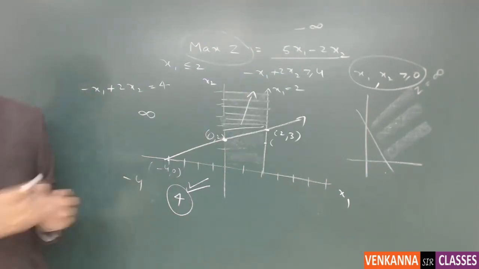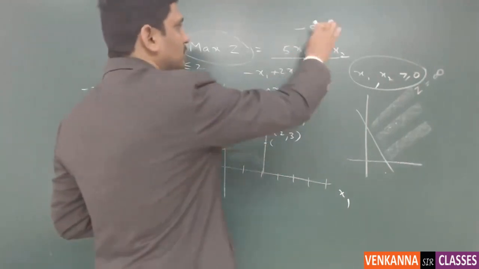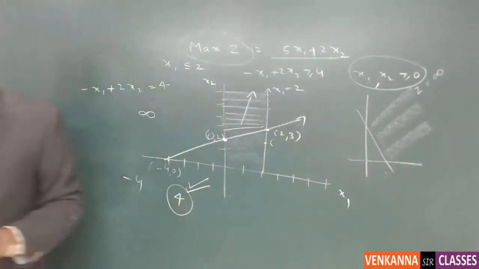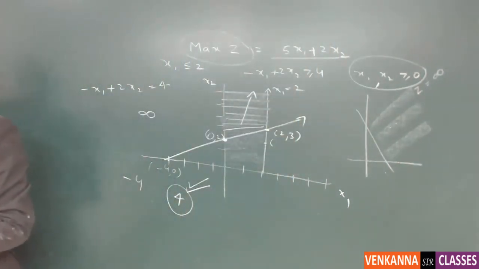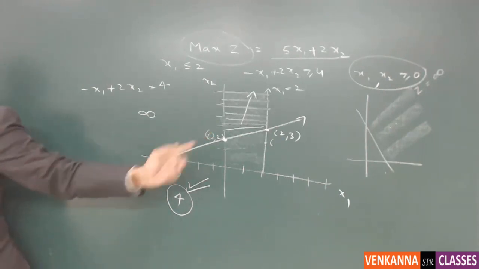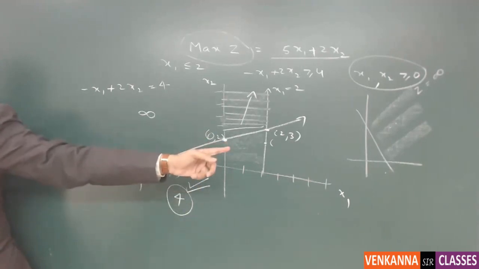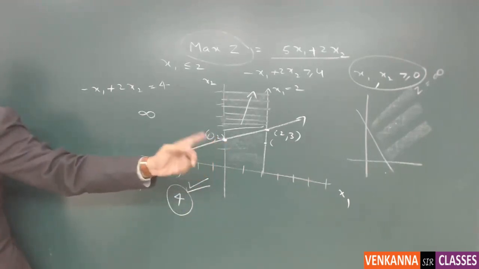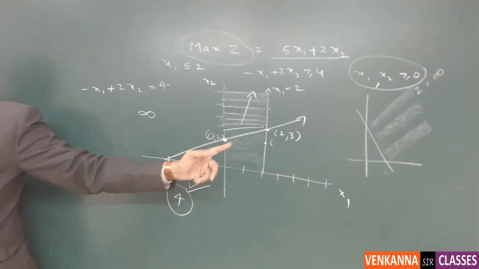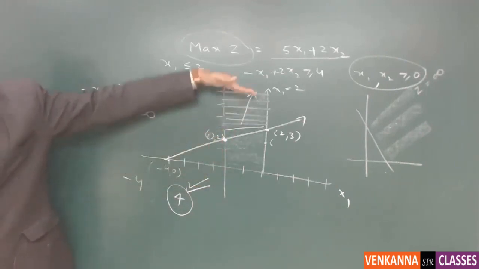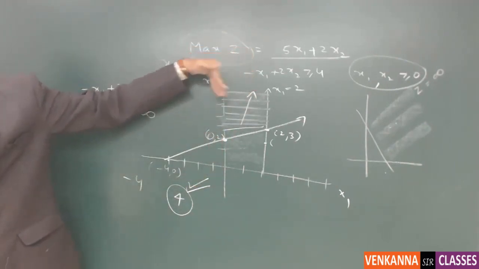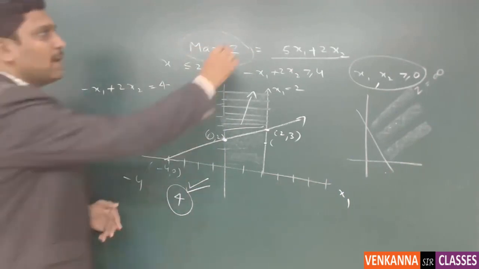Let me take the case where it is positive for our consideration. What will be the maximum z here? One solution for z is 4 at the point 2, 3, but you cannot guarantee that if you keep on taking points in this solution space, you won't get a very huge maximum profit.